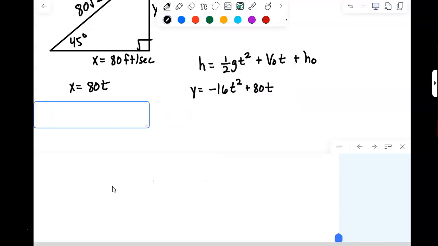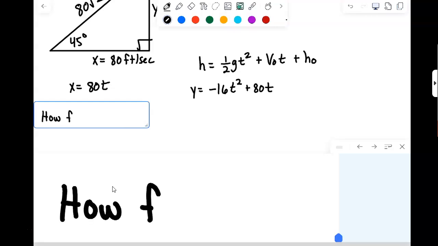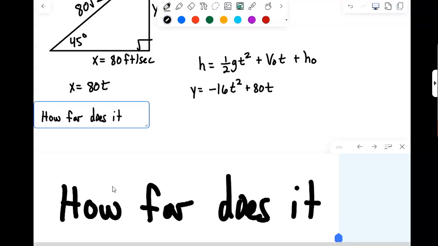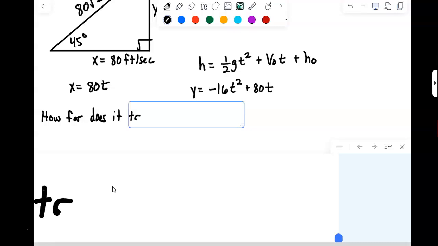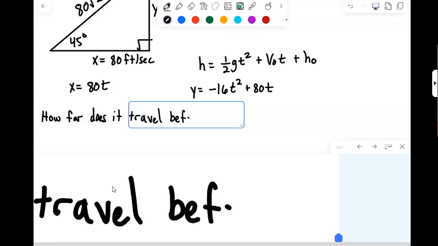So in this problem, a very important question we need to ask is, how far does it travel before it hits the ground?